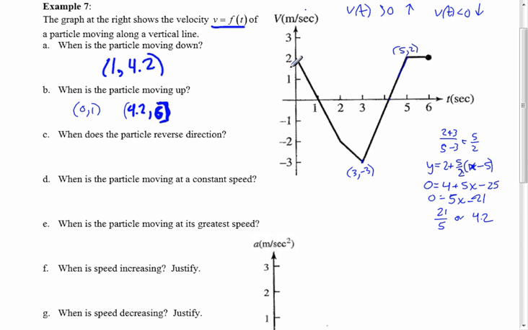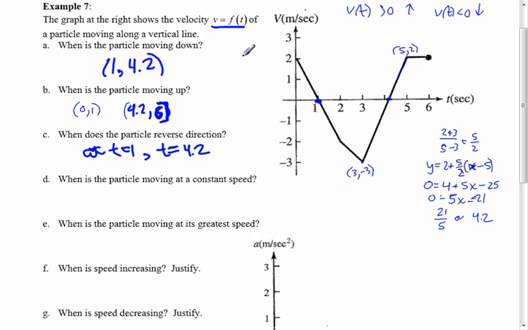When does the particle reverse direction? Well, when does it change from moving up to moving down? It's right when it crosses the x-axis here. So that's at those specific points: at t = 1 and at t = 4.2, or again, if you feel like it, use 21/5. And when's the particle moving at a constant speed?